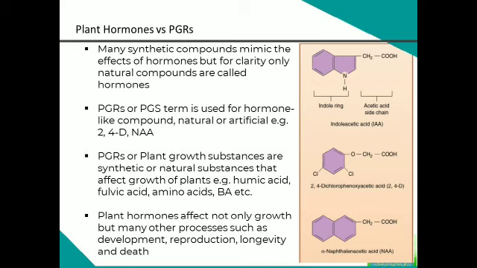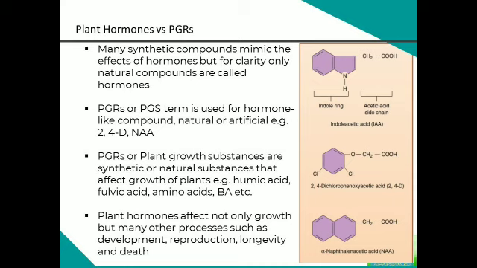They are endogenous, they are produced by the plants themselves. So, plant growth regulators or plant growth substances is a term that is used for hormone-like compounds that have hormone-like activities, and they can be natural or artificial, for example 2,4-D or naphthalene acetic acid.